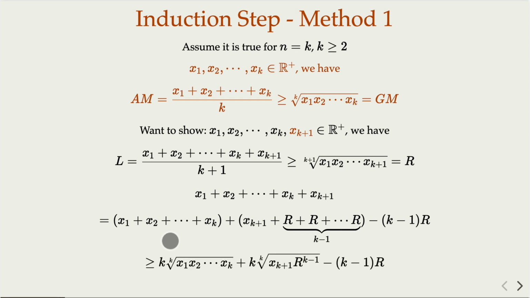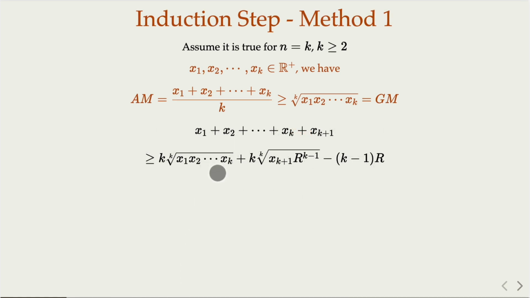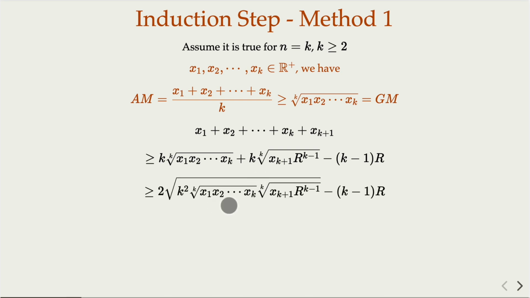All right, so recap. What we have is the AM-GM inequality, and now you're going to apply AM-GM for two variables. For the first two terms, a plus b is greater than or equal to 2 times the square root of ab. For these two terms, you can put the product together.